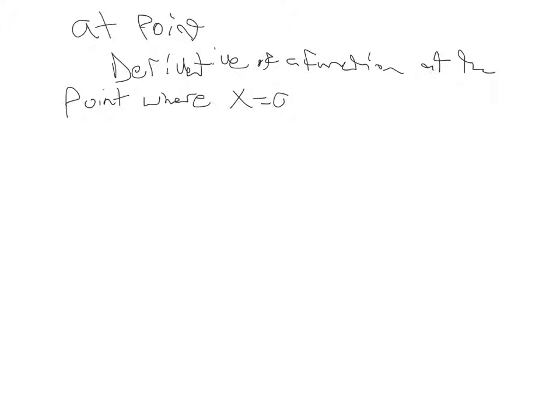so I want to know what the derivative of the function is at a particular point that we call a. Here we take the limit as x approaches that value a of f of x minus f of a all over x minus a.